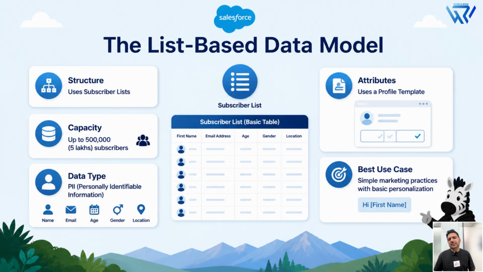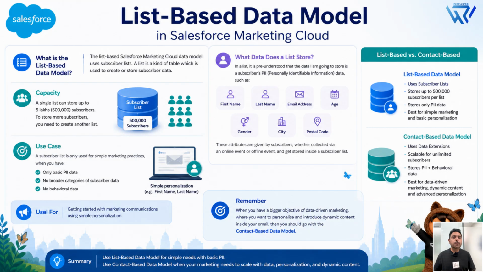A subscriber list is only used for simple marketing practices, where you don't have a broader category of subscriber data or behavioral data, just simple PI data, and you want to get started with marketing communications with simple personalization, like personalizing an email with first name, last name. You can go with the list-based data model.